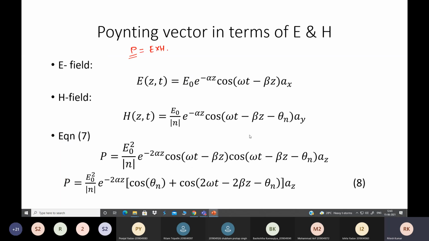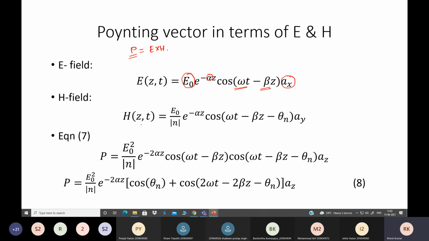We know the expression of electric field, given by E naught e to the power minus alpha z cos(omega t minus beta z) a_x. So electric field direction is a_x. Imaginary part of propagation constant is beta, real part of propagation constant is alpha. We have written the general term. E naught represents the initial value of electric field, and this represents the time harmonic nature of that field.